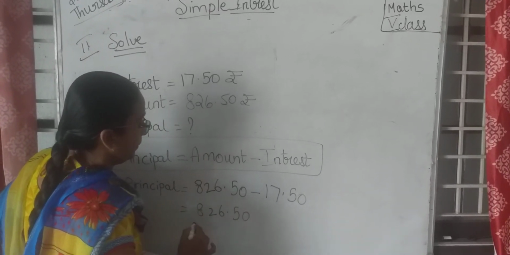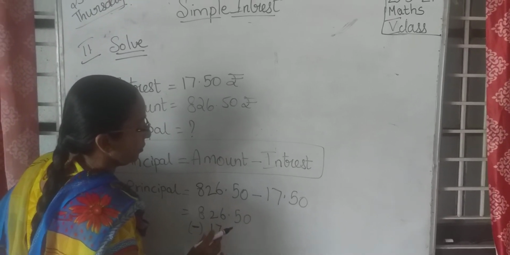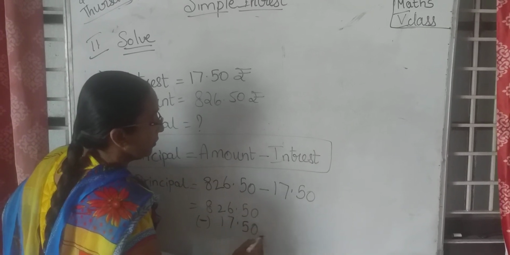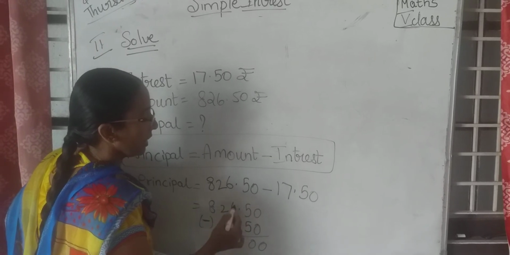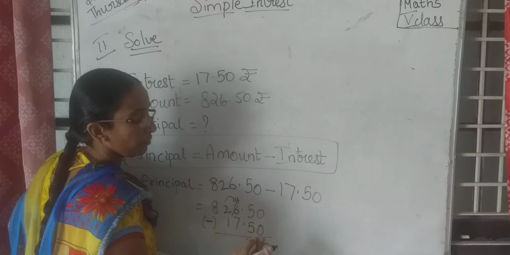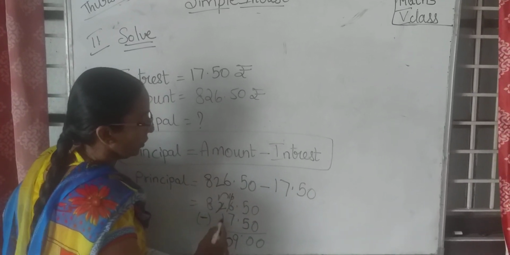826.50 minus 17.50. 0. 6 minus 7, we can't do it. Borrow. 16 minus 7 is 9. It becomes 1. 1 minus 1, 0. 8.